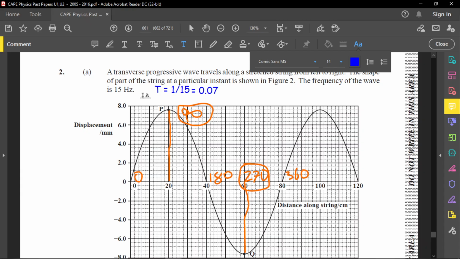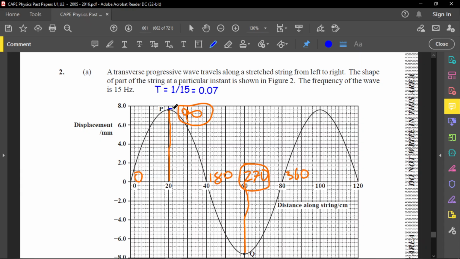But now we need to determine what is the wavelength. And the wavelength is the distance between two equal points or two consecutive points on the wave. And so from point P, for example, all the way over to this point, let's just make a marking right here.